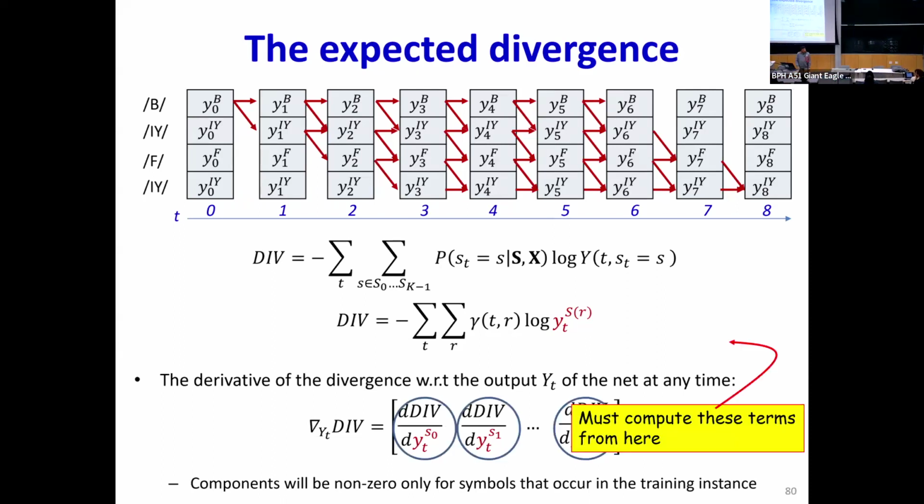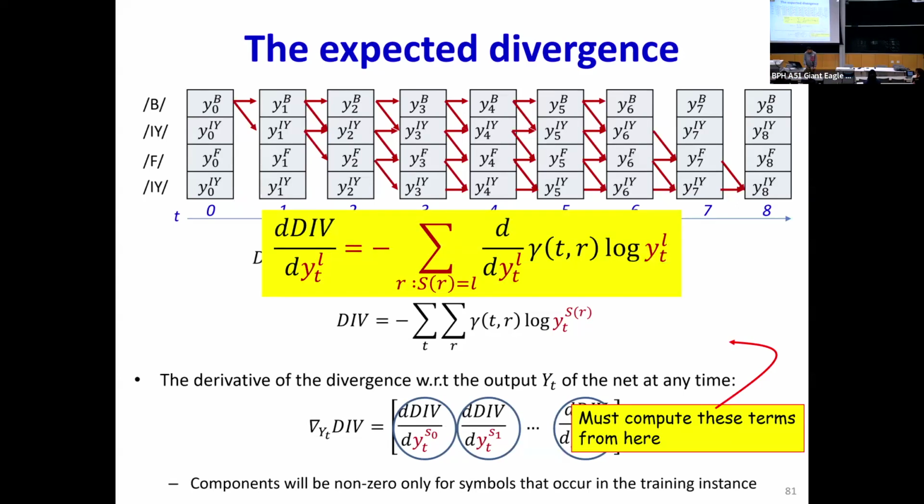So these are the terms that I must compute from this derivative formula, right? For any symbol here, at any given time, I just have to go over the corresponding time within the graph. I have to sum over all the nodes that are copies of this particular node over here.